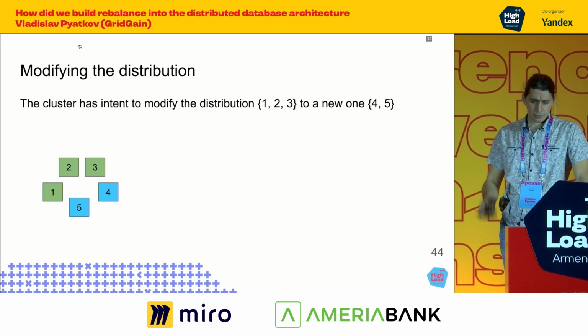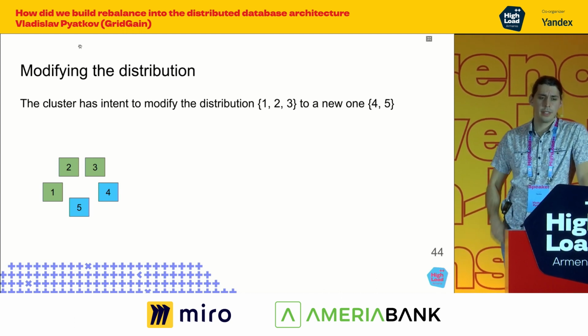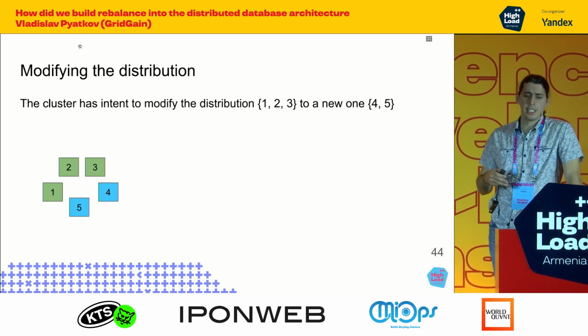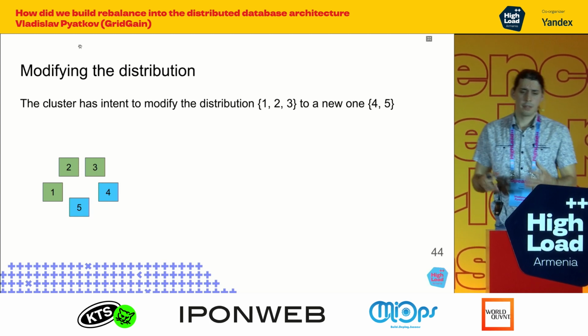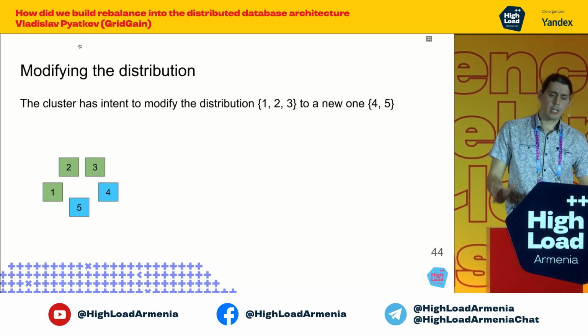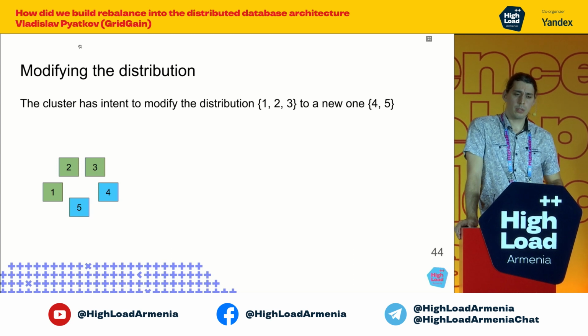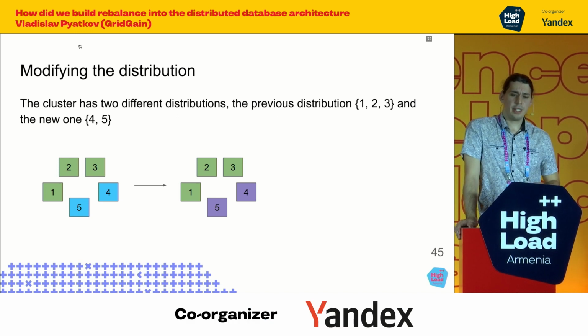Look at the diagram. There are 5 nodes and only 3 have a replication. In this case, because some circumstances changed, we have an intent to change the replication group for that partition from nodes 1 to 3 to nodes 4 and 5. And of course, we can do it only through an intermediate distribution.